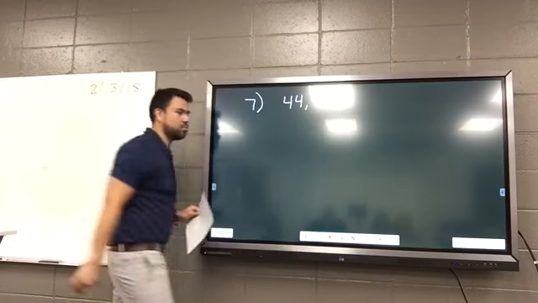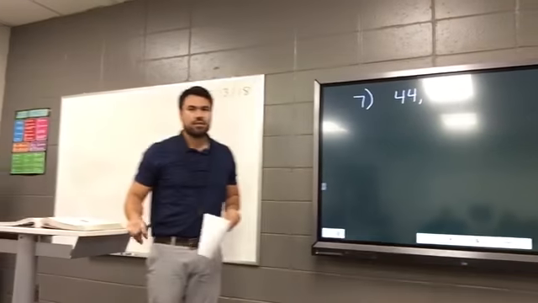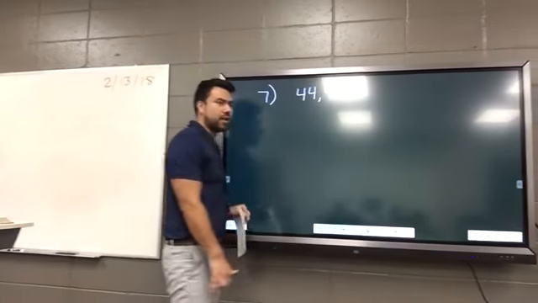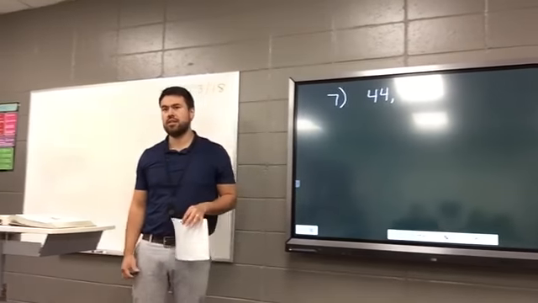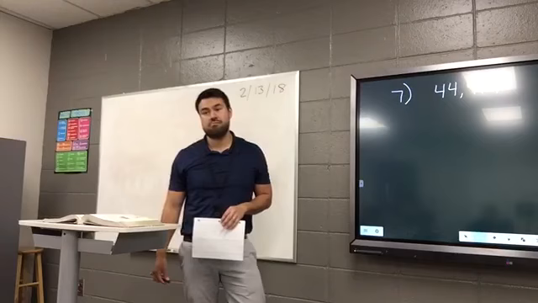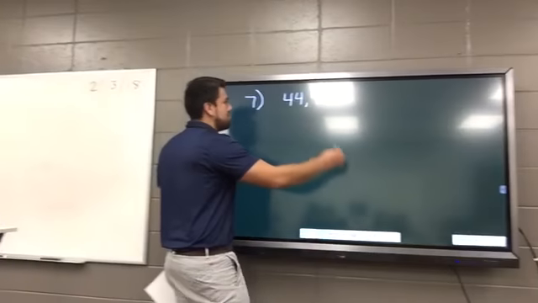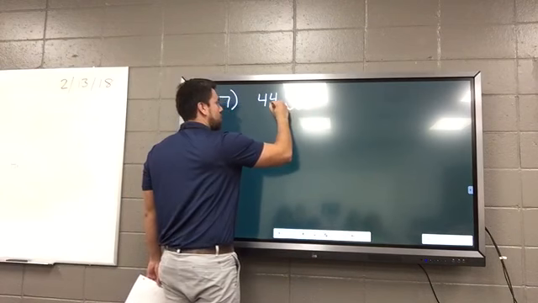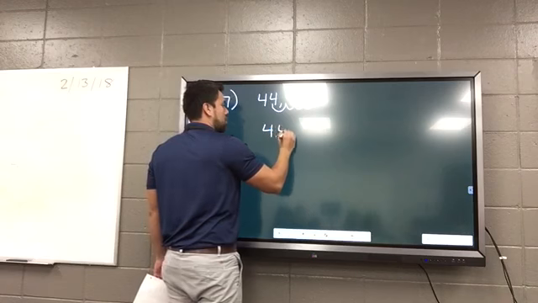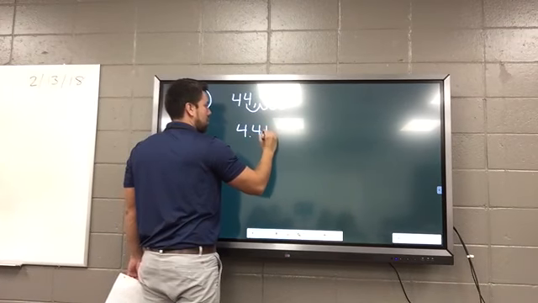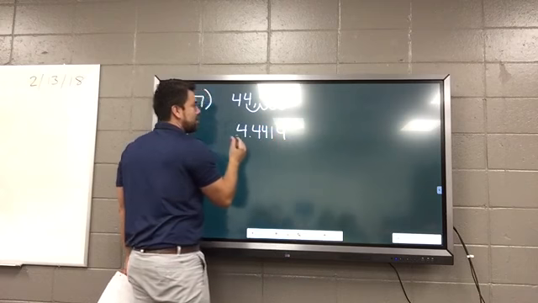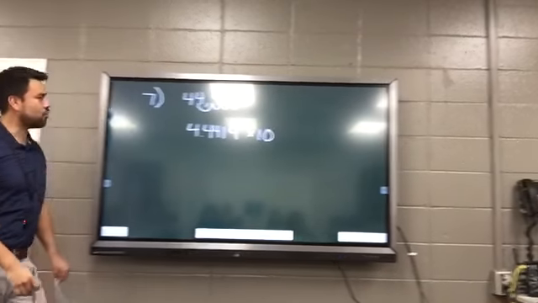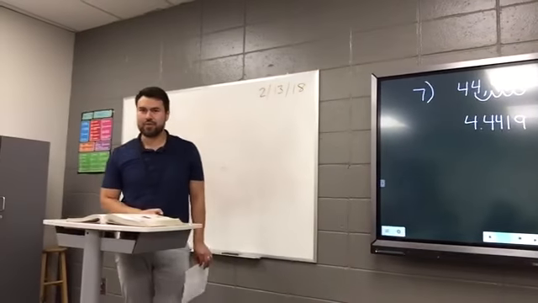Is this the radius of Jupiter in miles, by the way? So then write that in scientific notation. Gotta make sure I have the right number. Okay. All right. How many of you got 4.4419 for that first part?